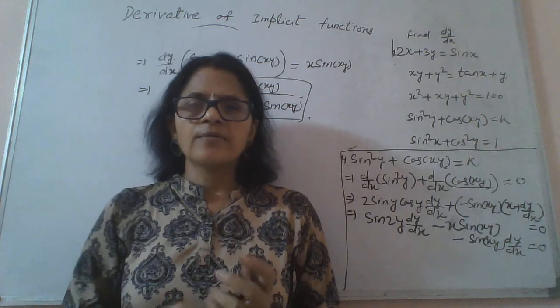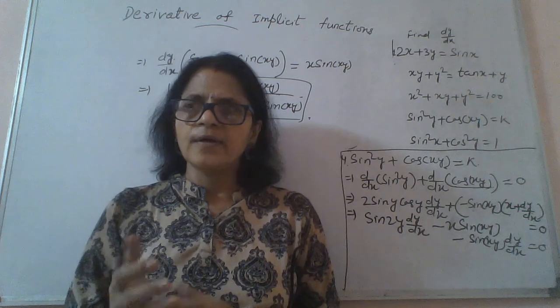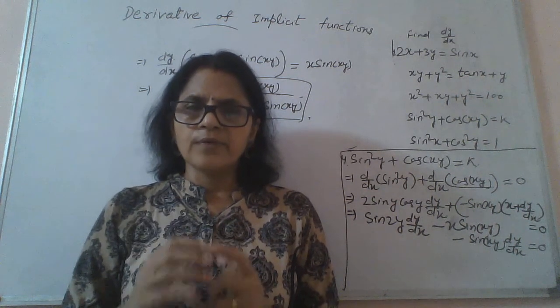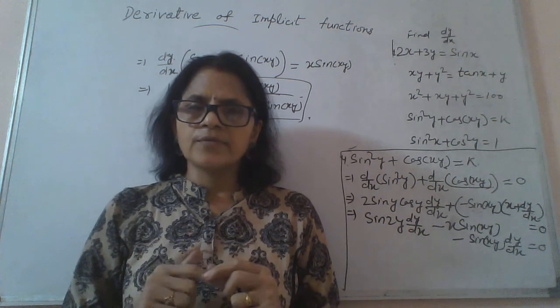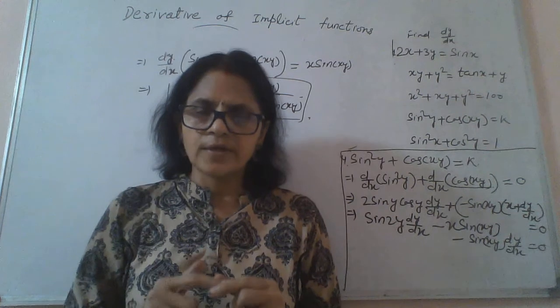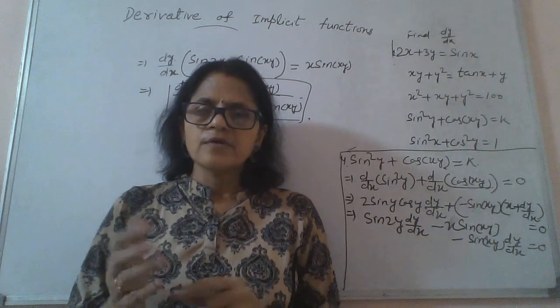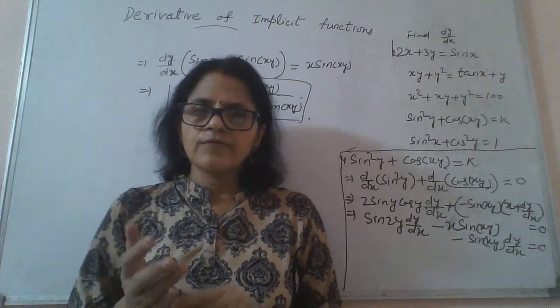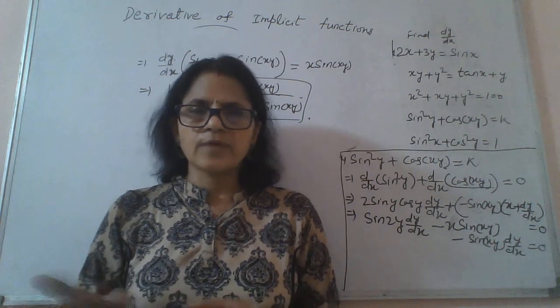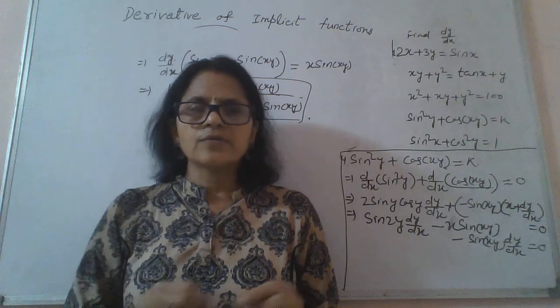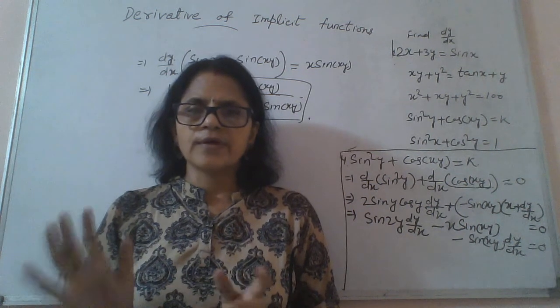And one more thing I would like to say: the moment you start differentiating implicit functions, the first step is differentiating both sides with respect to x or y as the case may be.